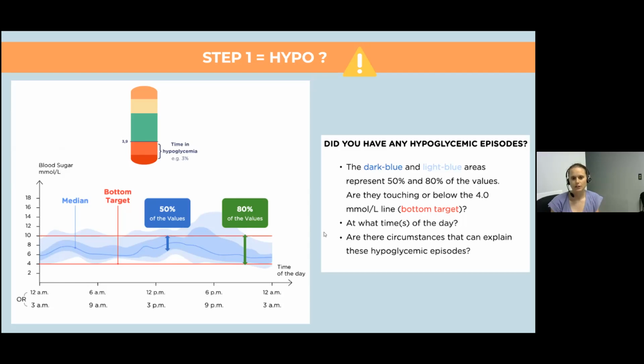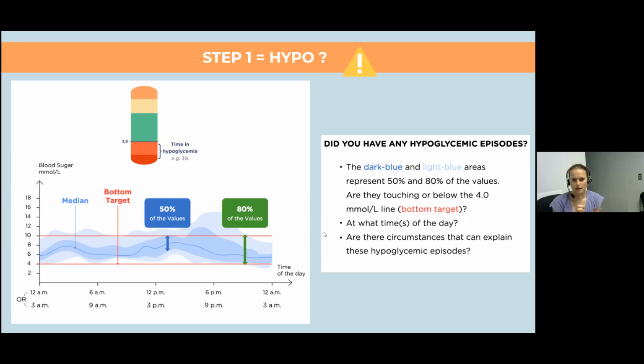And then the second thing that you're going to do is draw that imaginary line at the 4 level on the graphic on your report, and see, does the line of the 25th or the 10th percentile touch the hypoglycemic area during your 24-hour period?